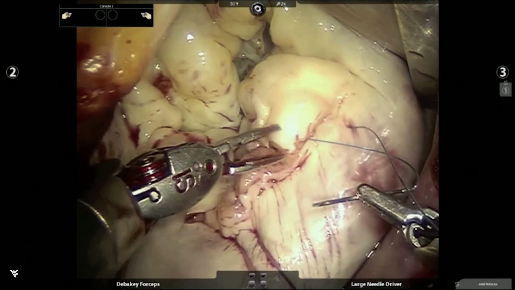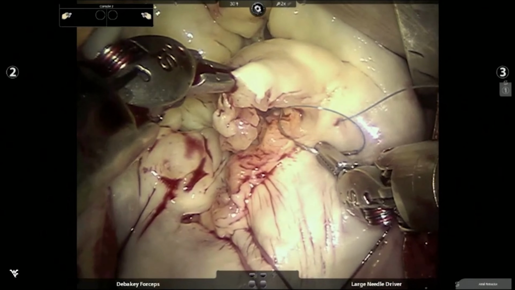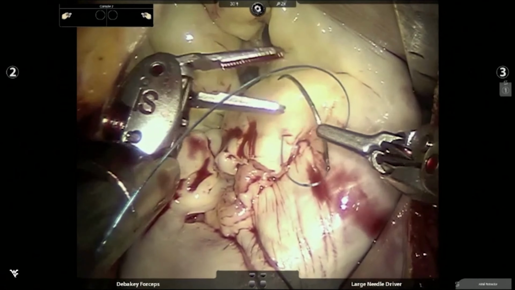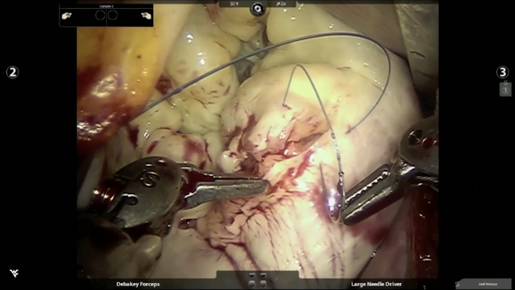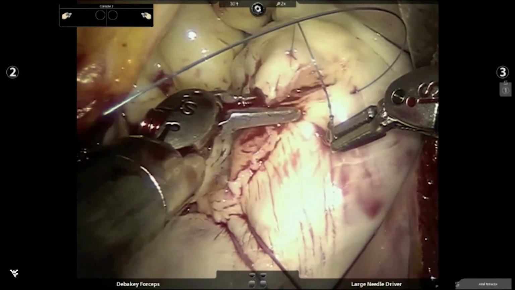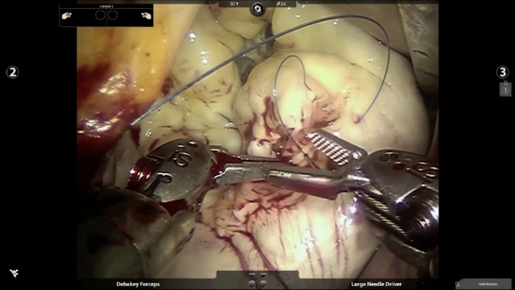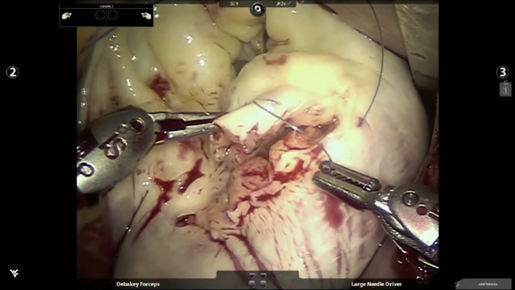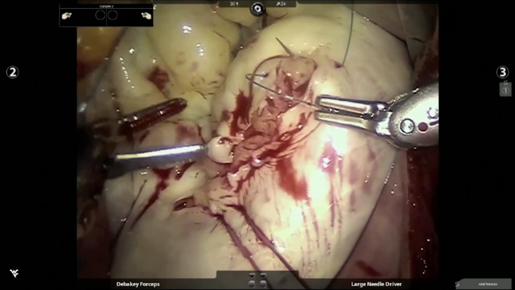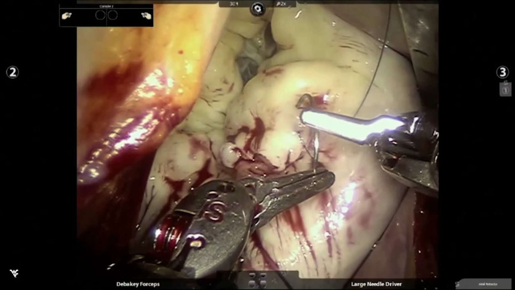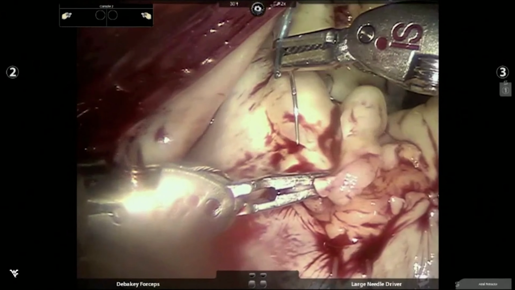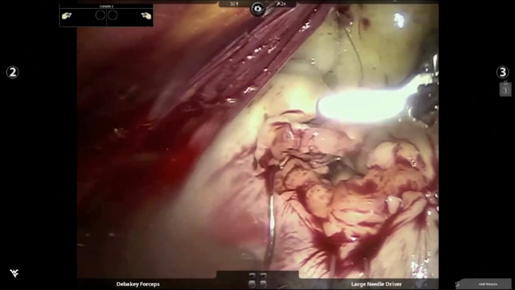We tend to prefer, again, interrupted figure of 8 monofilament sutures, as this allows us to stepwise not only perform intracorporeal tying of these sutures, but also adapt to the anatomy to deem what is necessary.